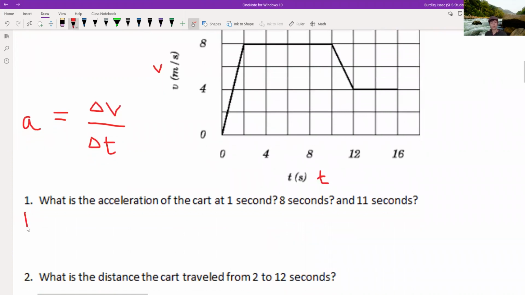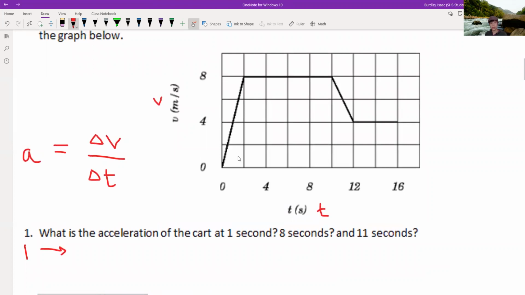So at 1 second, which is about right here, what is the slope? All right, well, it goes up 2, it goes over 1. Yeah, up 2 over 1.